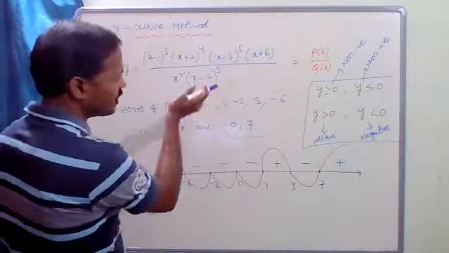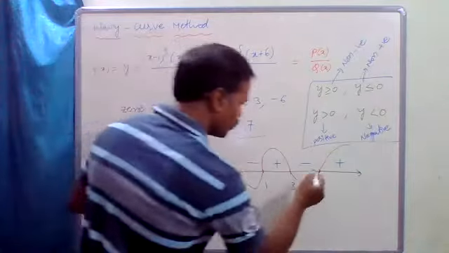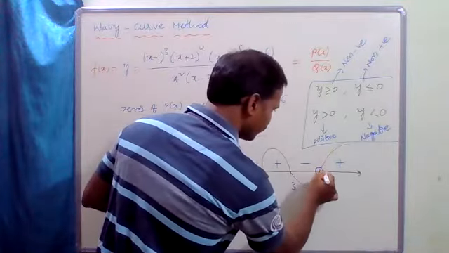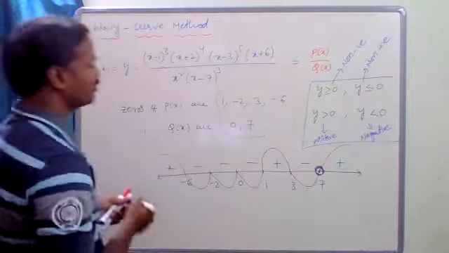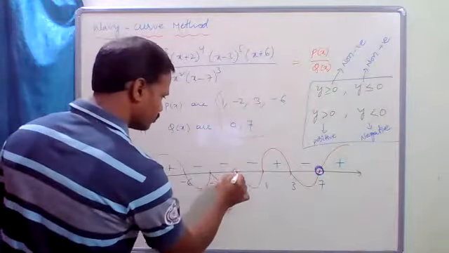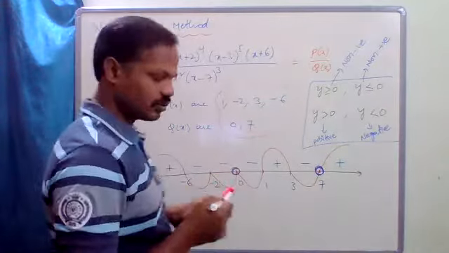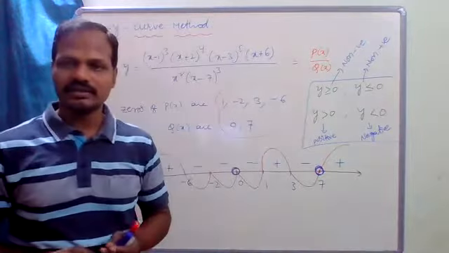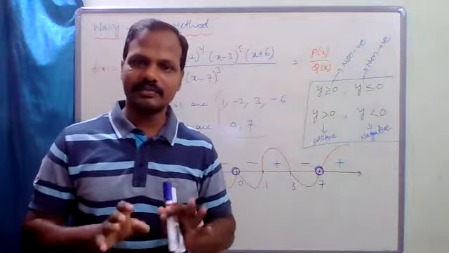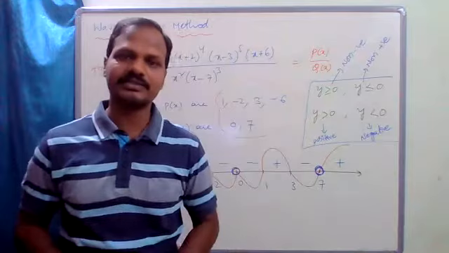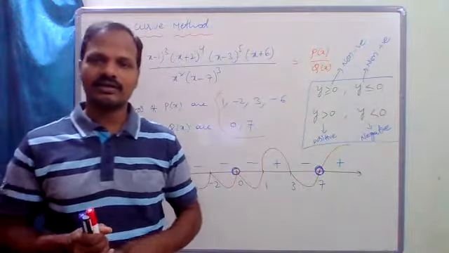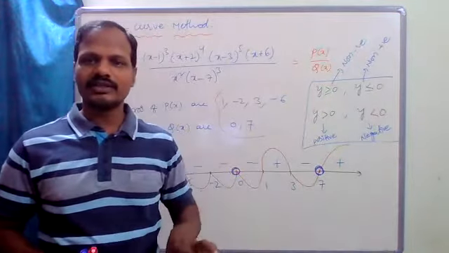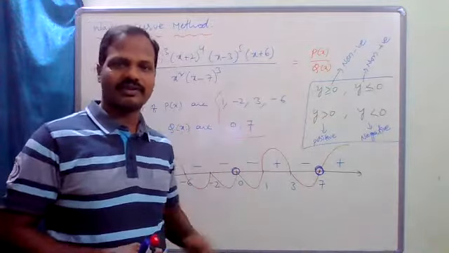Here 7 is in the denominator, so you have to use a white bubble. The numbers where the denominator becomes 0 will never be included in our interval.